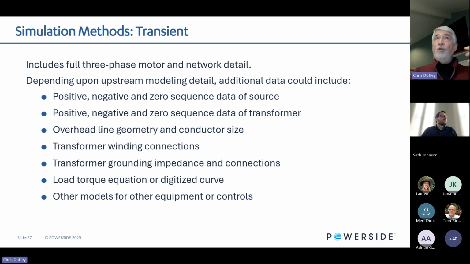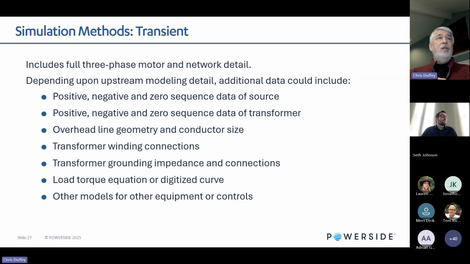It includes full three-phase motor and network detail, and depending upon the upstream modeling and the detail that you put in there, there's a bit more data now. That data: positive, negative, zero sequence source of the transformer, possibly some overhead line geometry. If you don't know what the three-phase impedance matrix is, you can let the program calculate it for you.